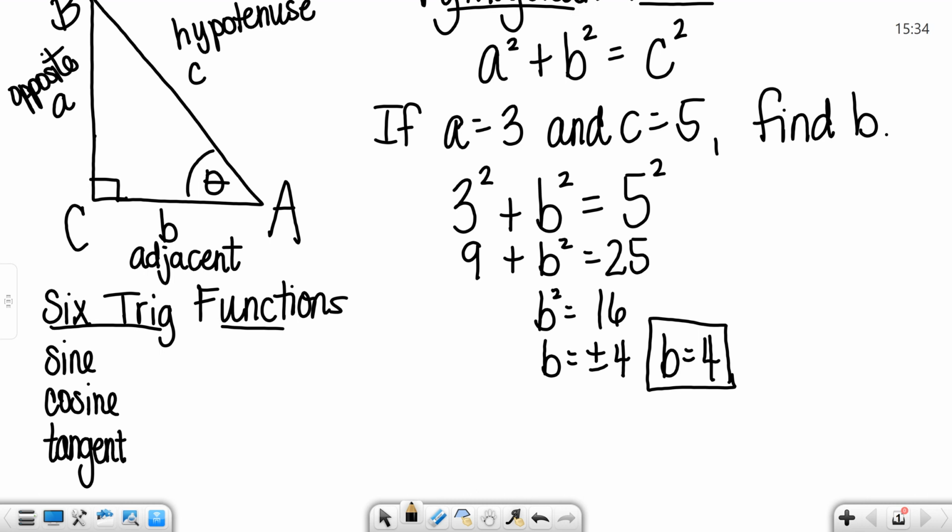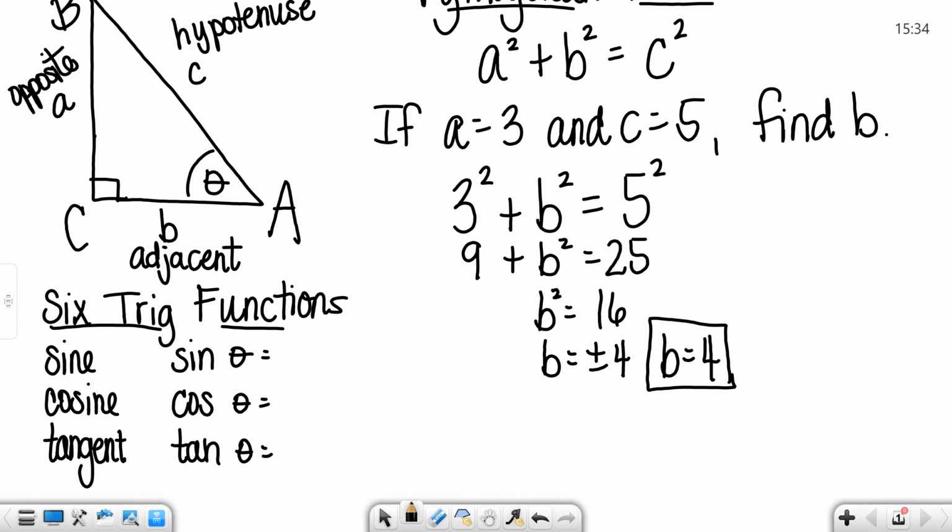The symbols that we use to talk about sine would be S-I-N. We do not read that sin, we read it sine. Okay, C-O-S would be cosine, and T-A-N would be tangent. We don't read them sin, cos, and tan. We read them sine, cosine, and tangent. And we're always taking the sine, the cosine, and the tangent of some angle. In this case, angle theta.